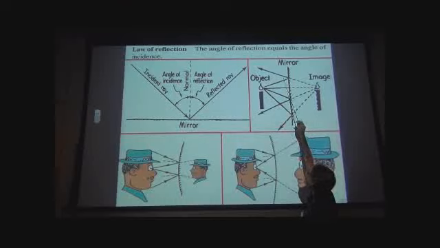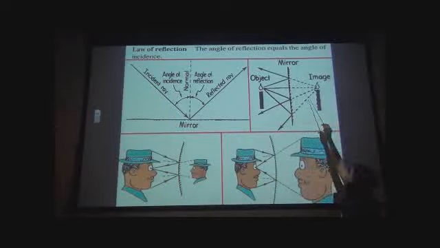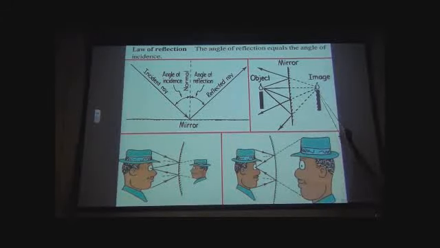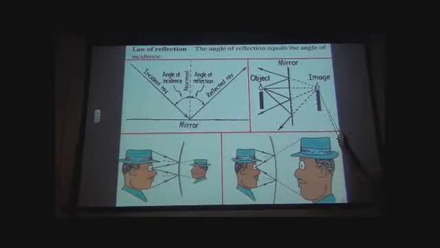This angle is equal to that angle. That determines the direction that the reflected ray heads off in. You extend the reflected ray back behind the mirror, and the place where that extended ray meets this ray is the place where the flame is in the image inside the mirror.